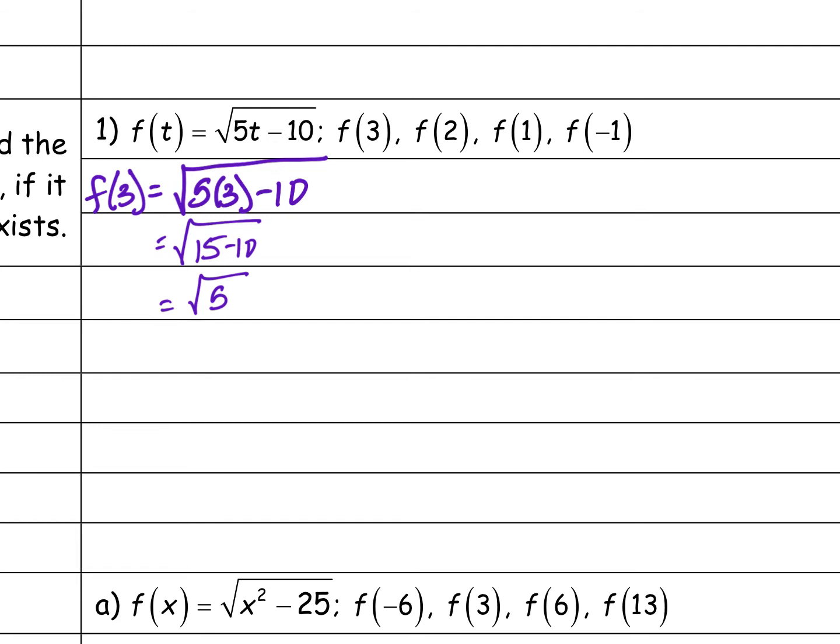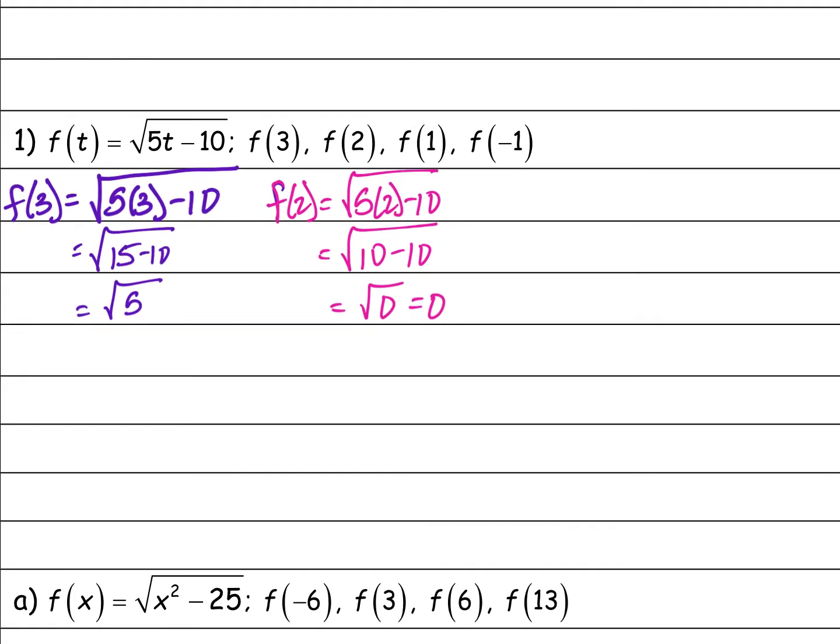And then I'm going to do it again for f of 2. And I'm going to go the square root of 5 times 2 minus 10. So the square root of 10 minus 10, square root of 0, or 0.